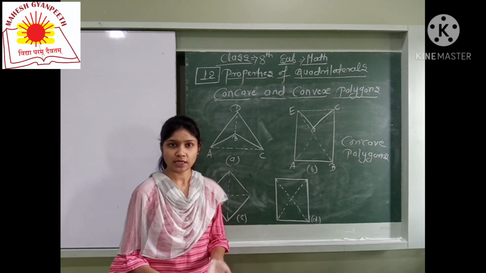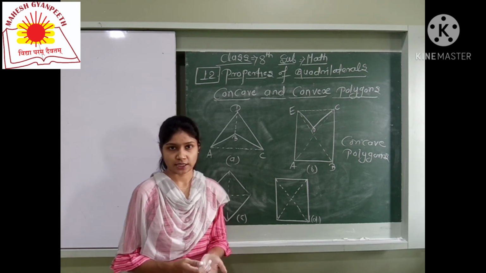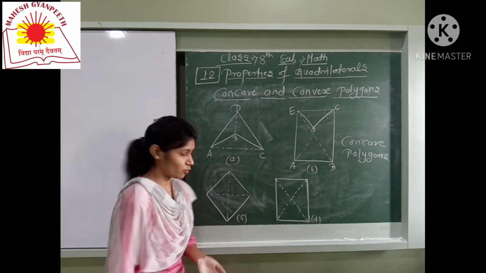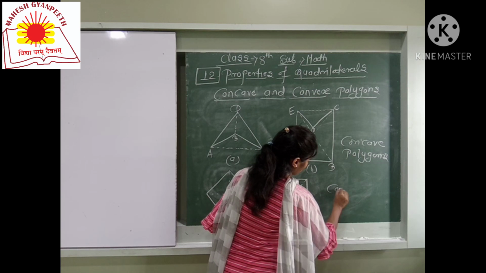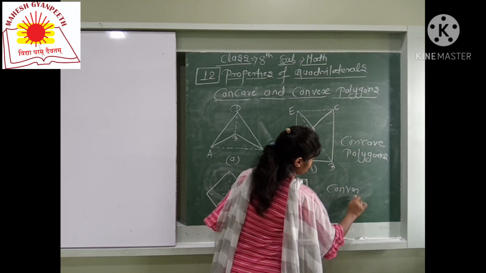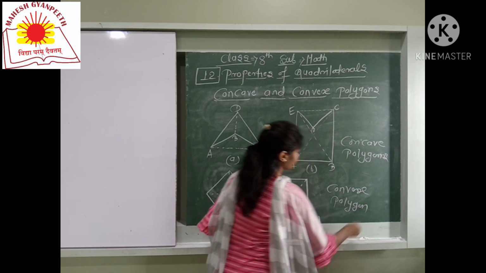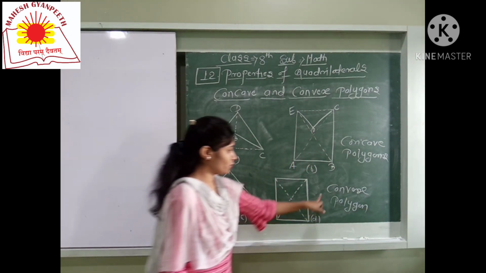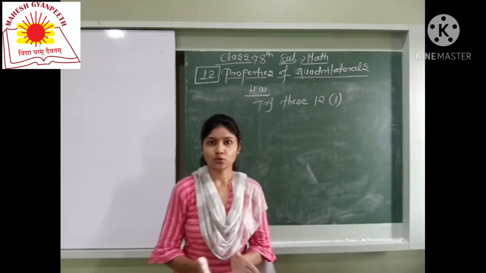Okay, convex means diagonals inside होने चाहिए and concave means diagonals outside होने चाहिए. So figure C and figure D are called what? Convex polygon. This is the concept of concave and convex polygon.